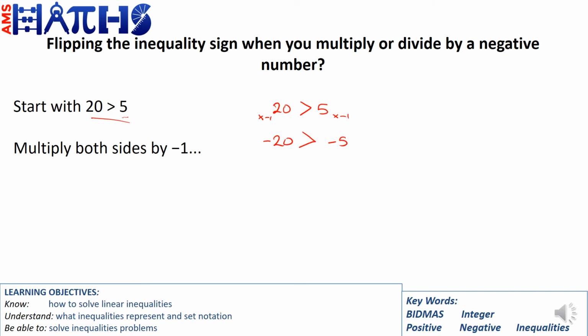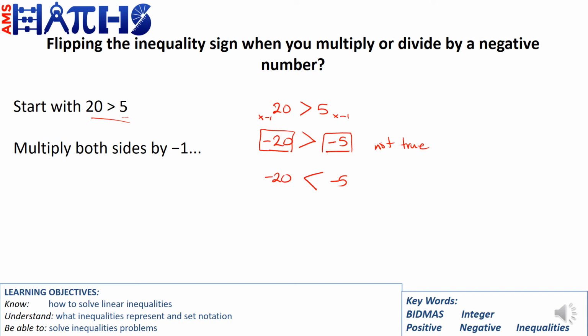But then when we look at what we have on the left and right now, after multiplying by -1, we have -20 is greater than -5, and that is not true. Okay, -5 is actually greater than -20.